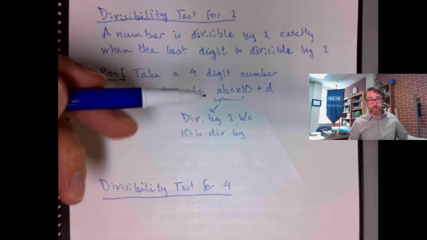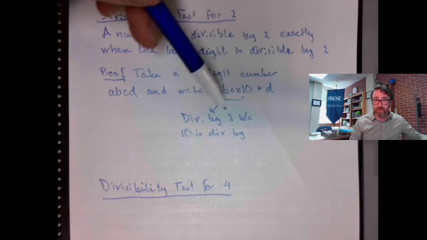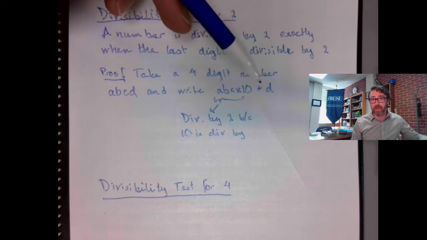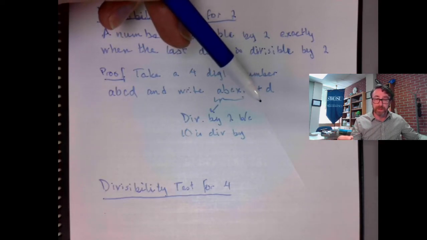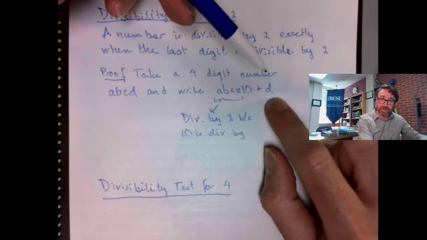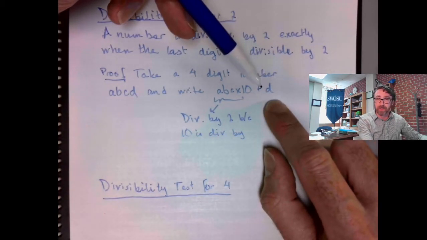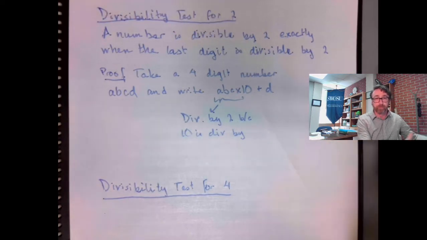So we're going to fall back on the divisibility lemma. I have something divisible by 2, and I'm putting it in a sum. The lemma says the sum will be divisible by 2 exactly when this second part, this last component, is divisible by 2.